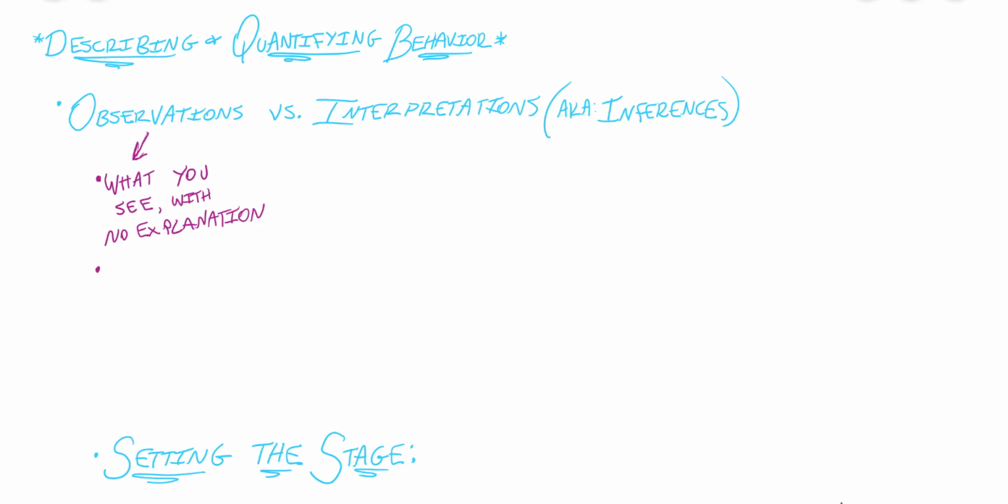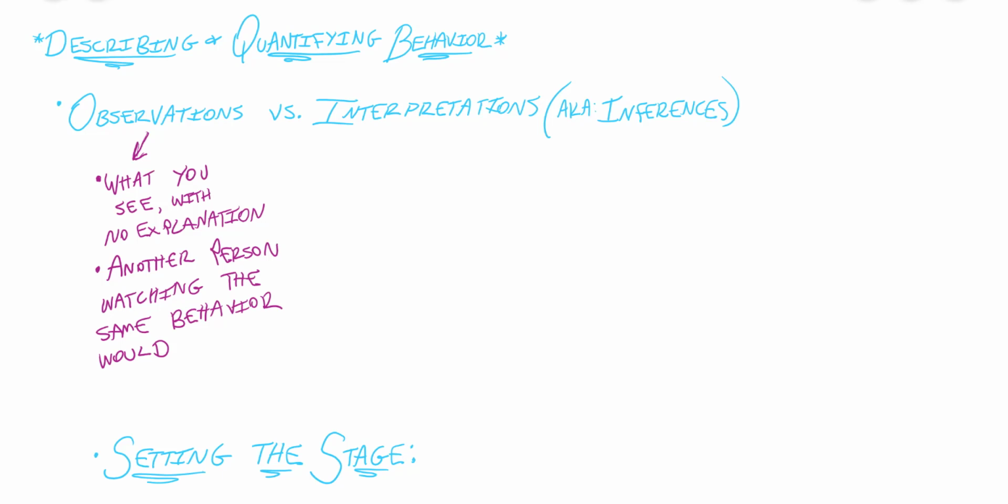Subjective means up to interpretation or open to interpretation. Okay? You have collected good observations if another person watching the same behavior would describe it the same way.